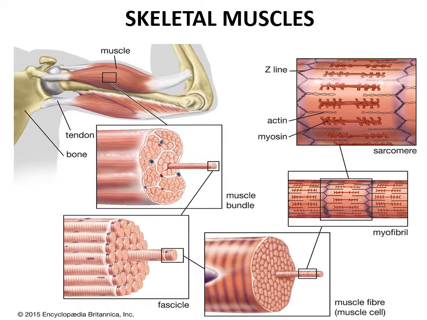Okay, so when we include multiple sarcomeres, we can call it a myofibril. And then as it's bundled, we'll call it a muscle fiber. Okay, so muscle cell. And then finally, multiple muscle fibers, we can call a muscle bundle. And that's going to make up the different skeletal muscles around the body.